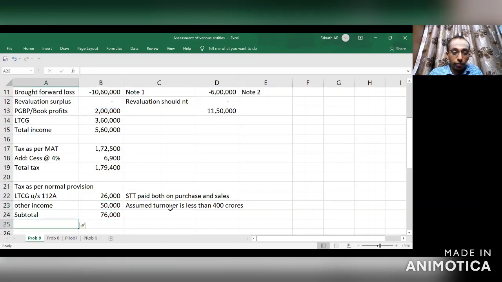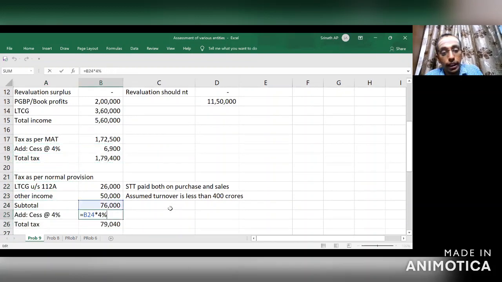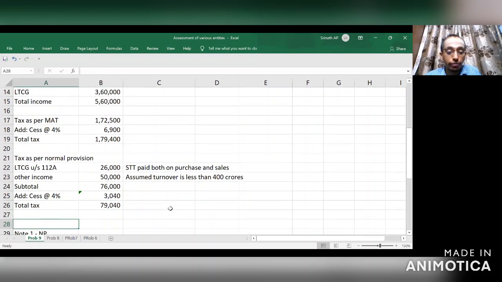Subtotal is 76,000. Add cess at the rate of 4%. 76,000 into 4% gives you 3,040. Total tax will be 76,000 plus 3,040, 79,040.